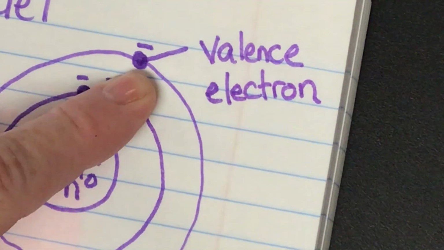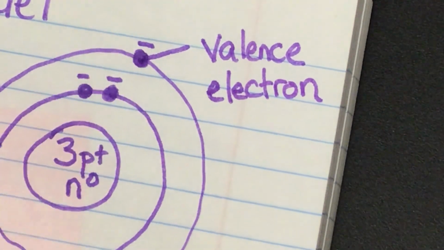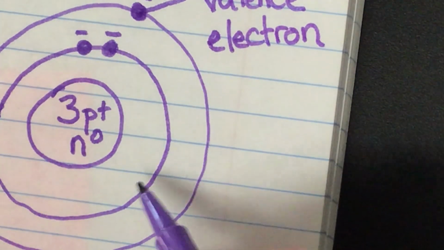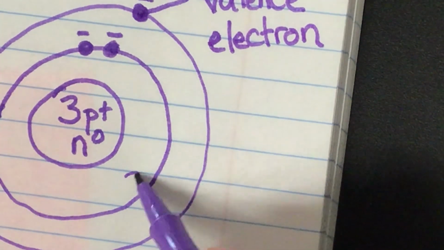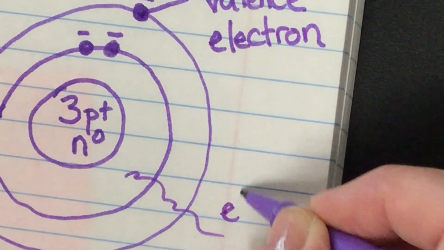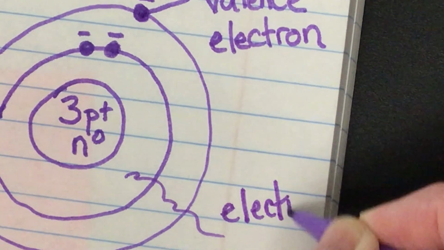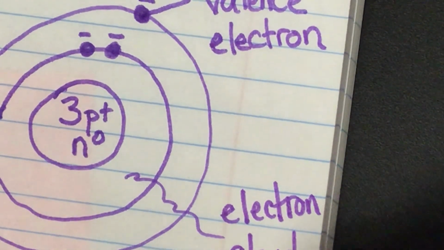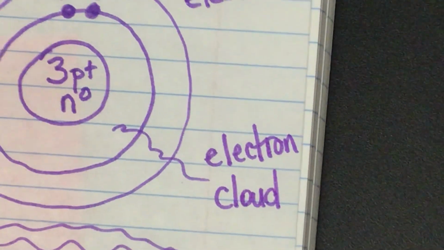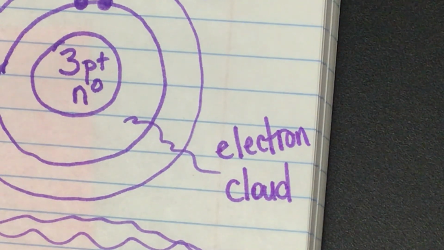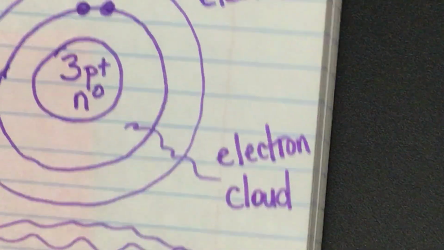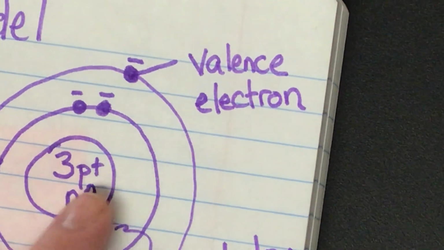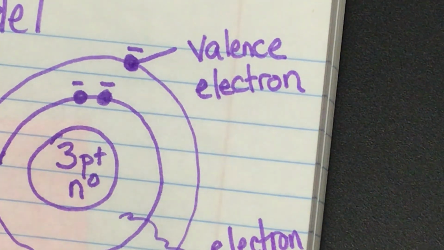It's all out there by itself. And then we call this whole area out here the electron cloud. So where the electrons hang out is called the electron cloud. Valence electron.